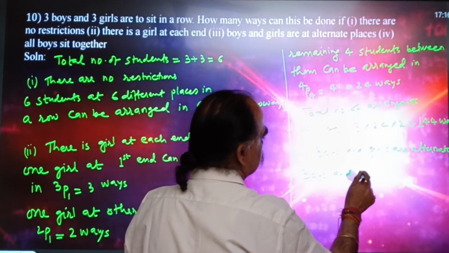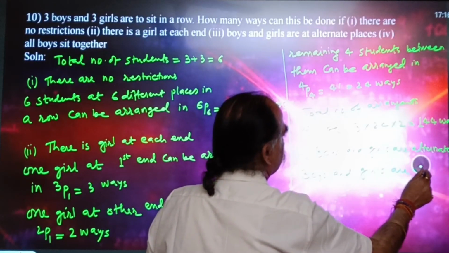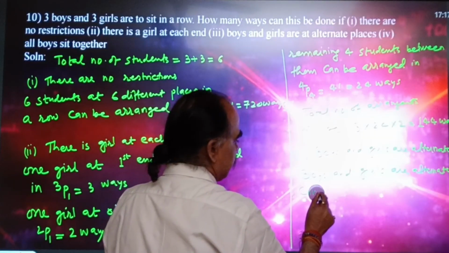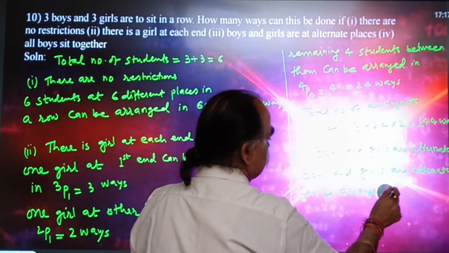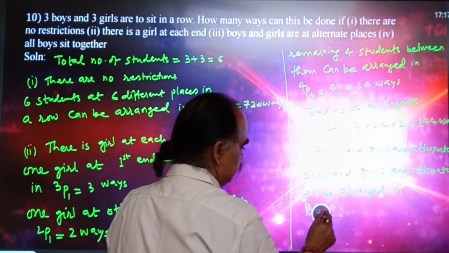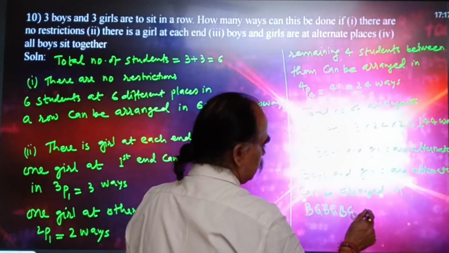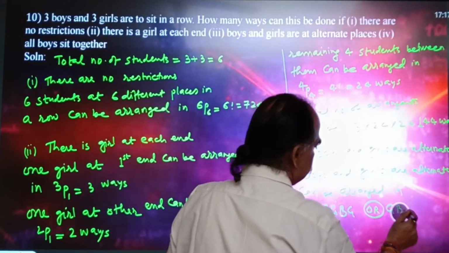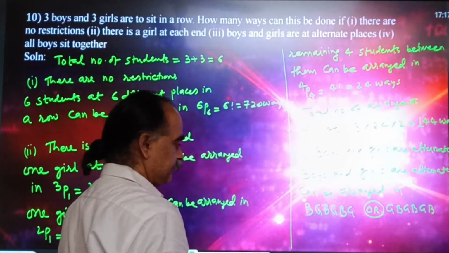Boys and girls are alternate, can be arranged in BG, BG, BG or GB, GB, GB.